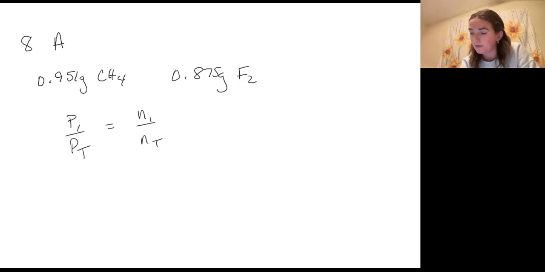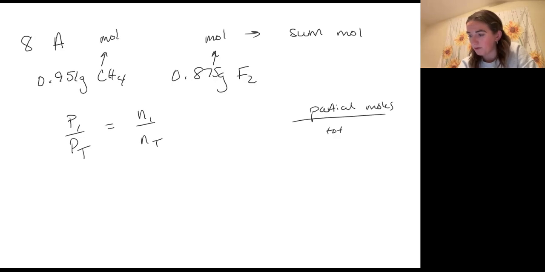So you need to convert this to moles and this to moles, sum those two moles, and then divide one by the other. Divide your partial moles over your total moles. That was for 8A.